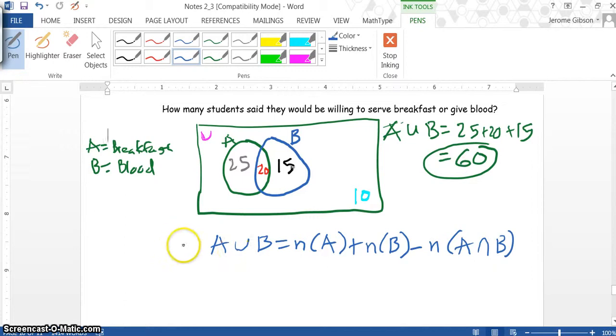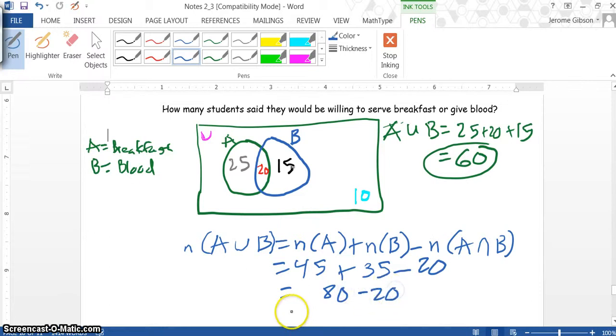So we will have N of A union B is equal to N of A plus N of B minus N of A intersect B. Now N of A here is 45 plus N of B is 35 minus N of A intersect B, which is 20. 45 plus 35 is 80 minus 20, which gives us 60.